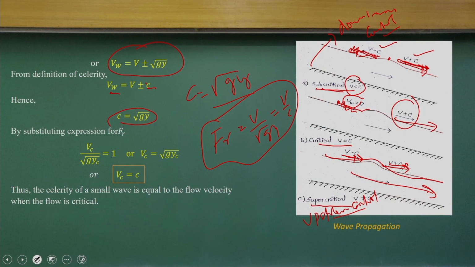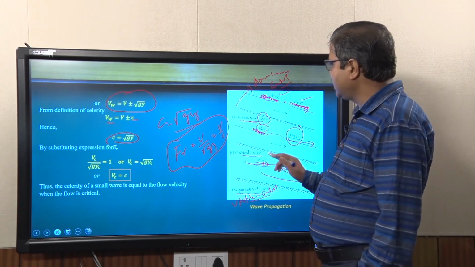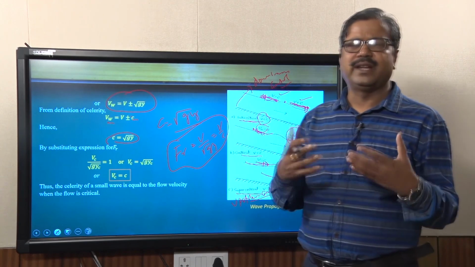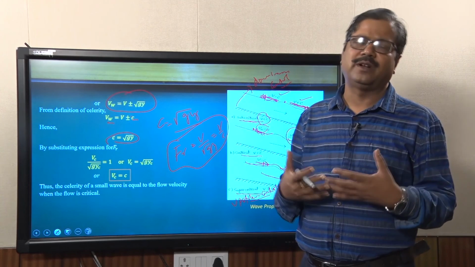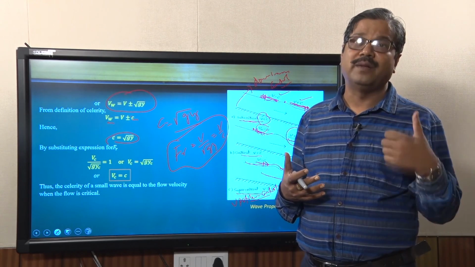The disturbance will propagate only in the downstream direction. So anything you control in the upstream is what will affect the flow. That is the way we define it, in terms of flow behavior, whether it is subcritical, supercritical or critical flow with respect to wave celerity.